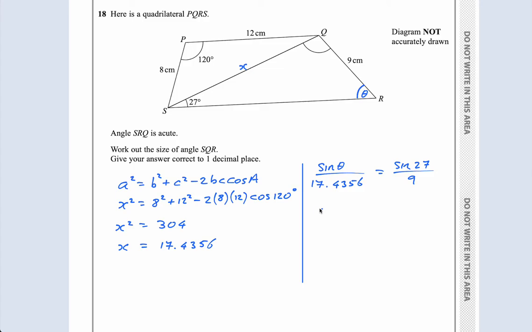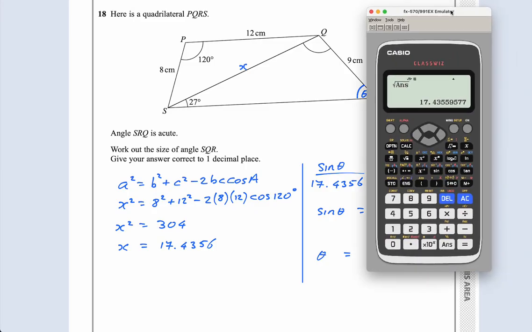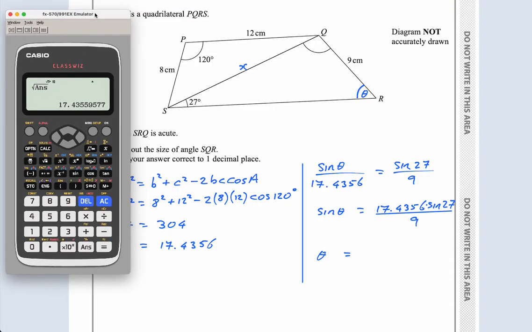Cross multiply, sine theta equals 17.4356 sine 27, all over 9. And then I can just say theta is equal to the inverse sine of this. So it's the inverse sine, and I'll do this in one go.